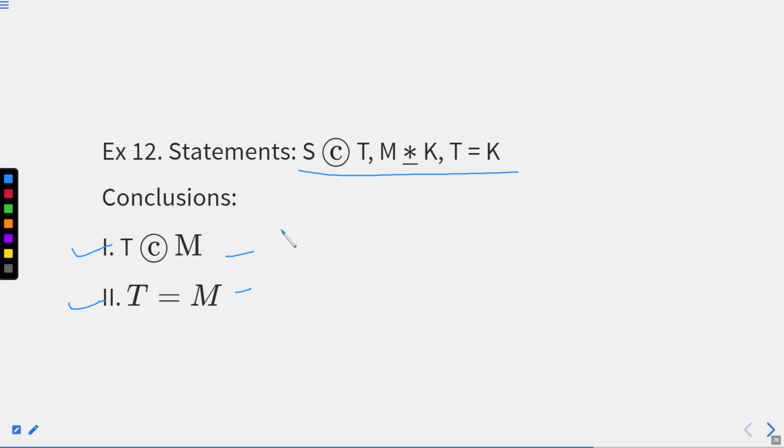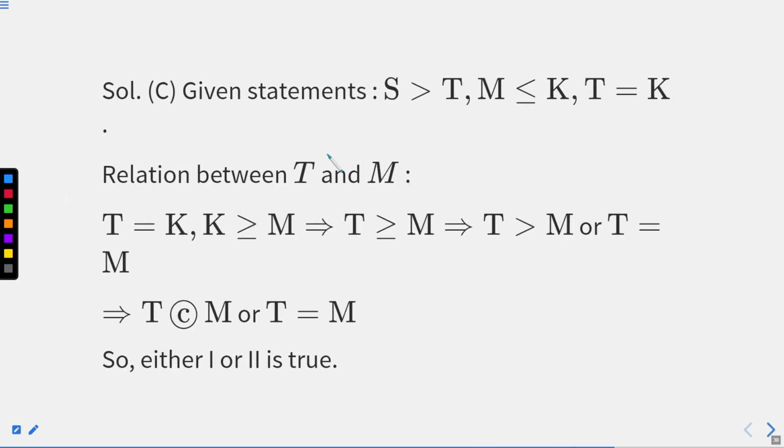So for the first question, number 12, the given statements are: S greater than T first, M is less than or equal to K second, and T equals K third, right? And the relation between T and M as per the given instructions or the conclusion part: T equals K, and we know that K is greater than or equal to M, right?